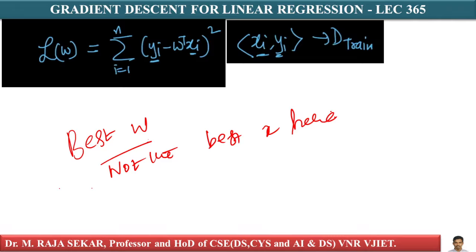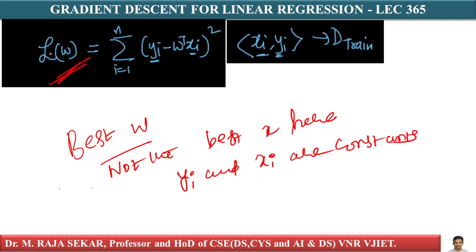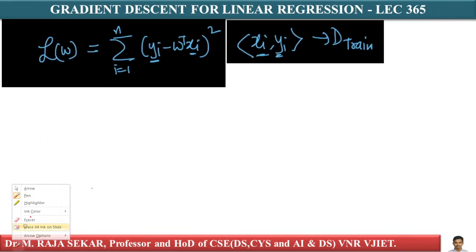In this case, yi and xi are constants, because they are part of the data set. They come from training data. L is a function of W, and this is the one you have to optimize. You have to optimize L of W.